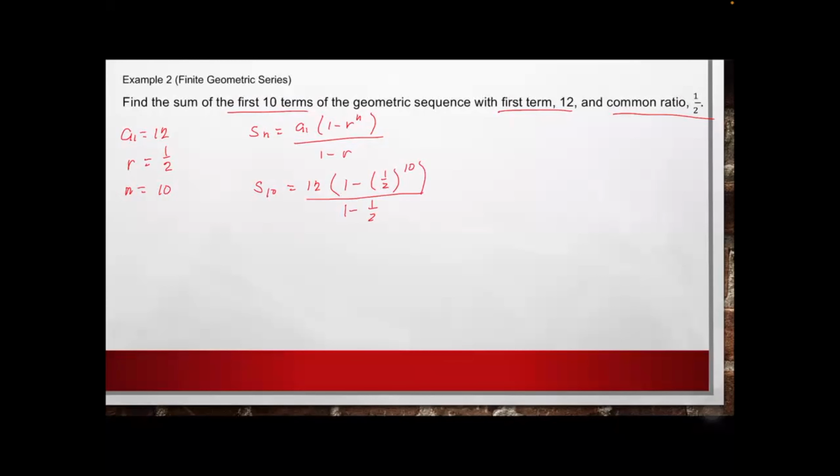If you simplify or use your calculator, you're able to get the answer.